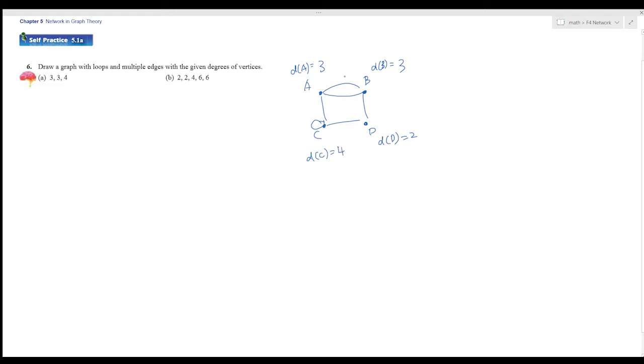Okay, if let's say now we are going to take out the multiple edges, now our graph will become this. This is our new graph A, B, C, D after we take out the multiple edges. We calculate again the degree of vertex.